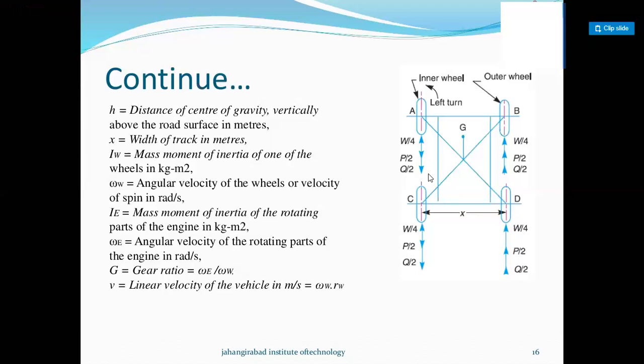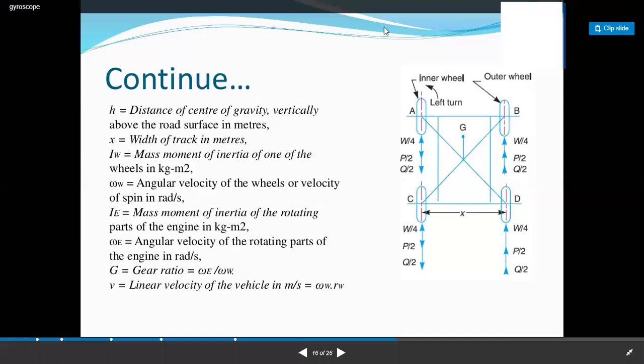Also the effect of the gyroscopic couple on each wheel and the centrifugal couples will be discussed. So the stabilization or the gyroscopic effect on the four wheel drive is being discussed, right?